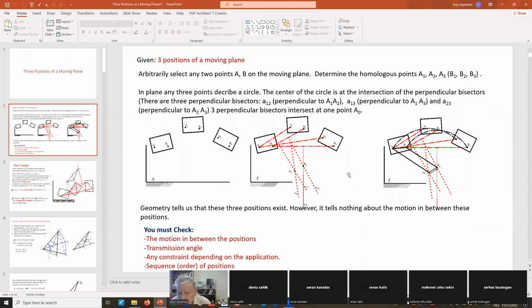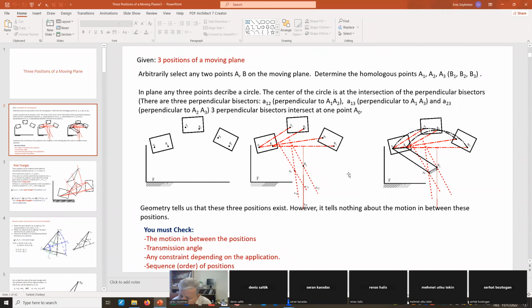Of course, that means since I can select A in infinitely many ways, B in infinitely many ways, for selecting A, I have 2 parameters. For selecting B, I have 2 parameters. Now this means I have 4 parameters that I'm free to select.